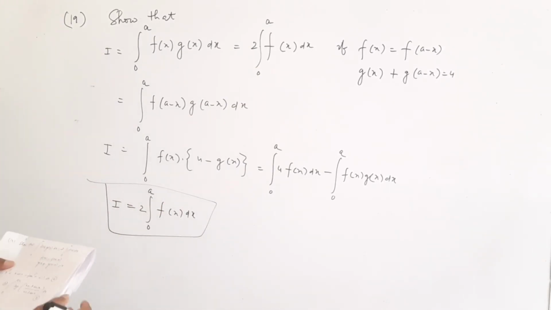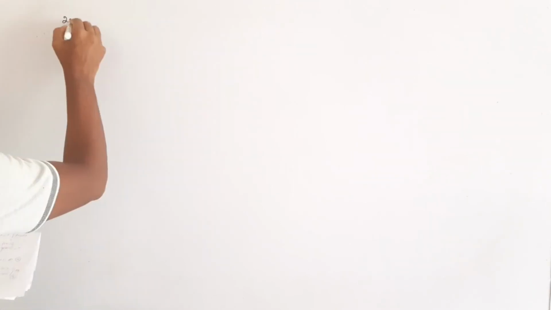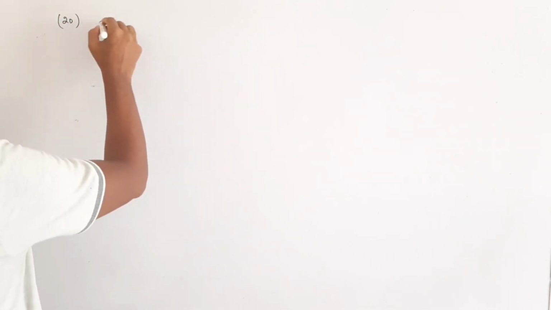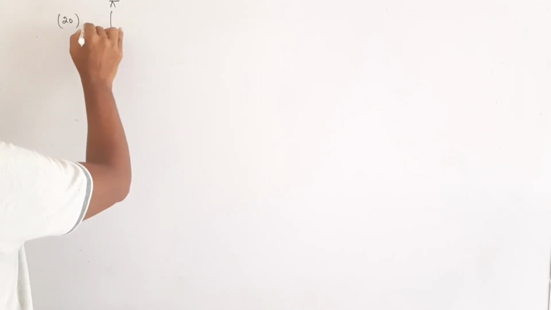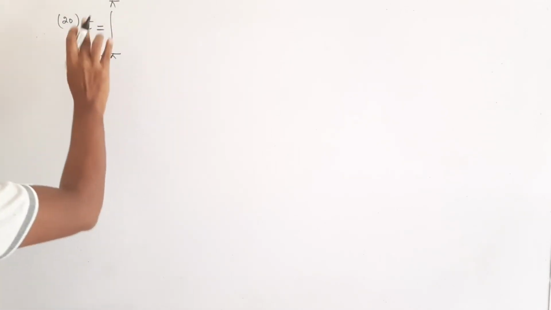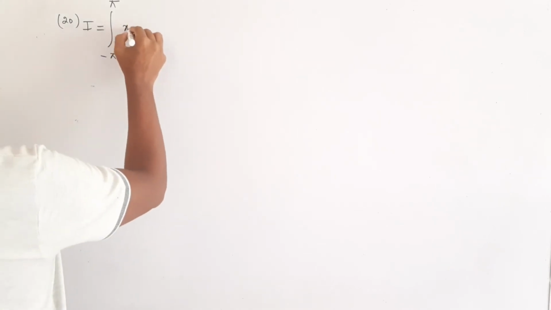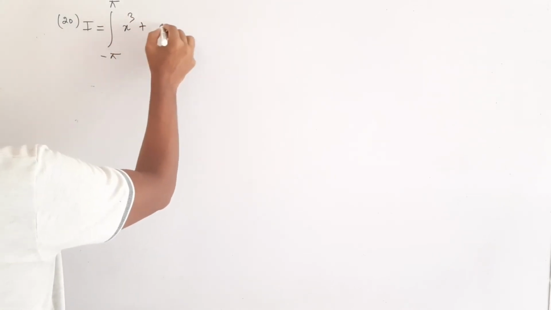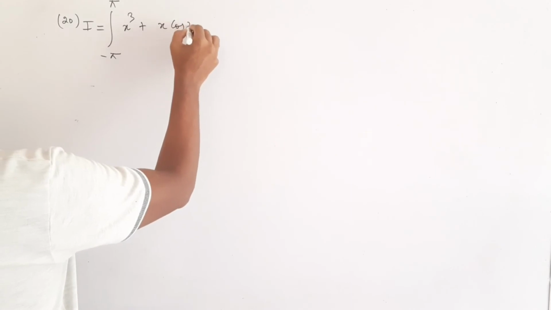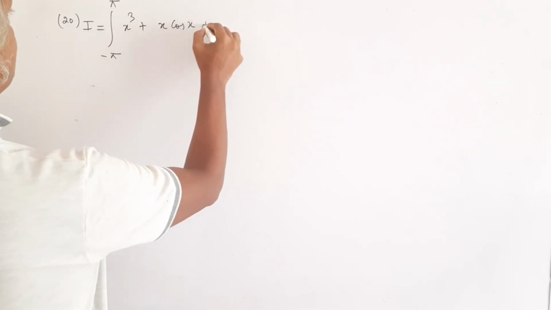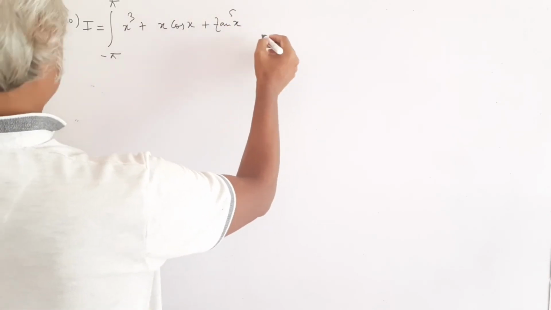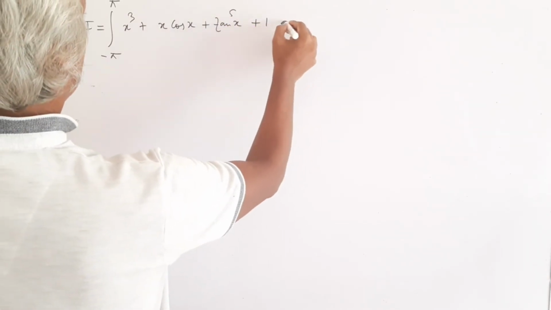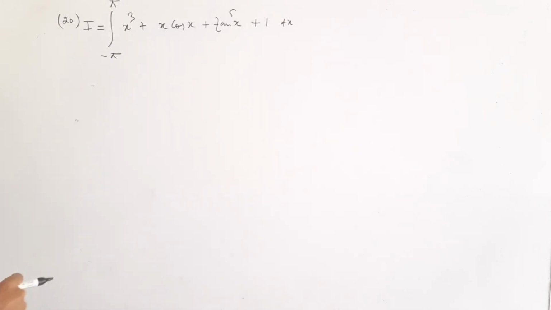Now I go to question number 20. Question 20 is integral from minus pi to pi of x cube plus x cos x plus tan to the power 5 x plus 1, dx.